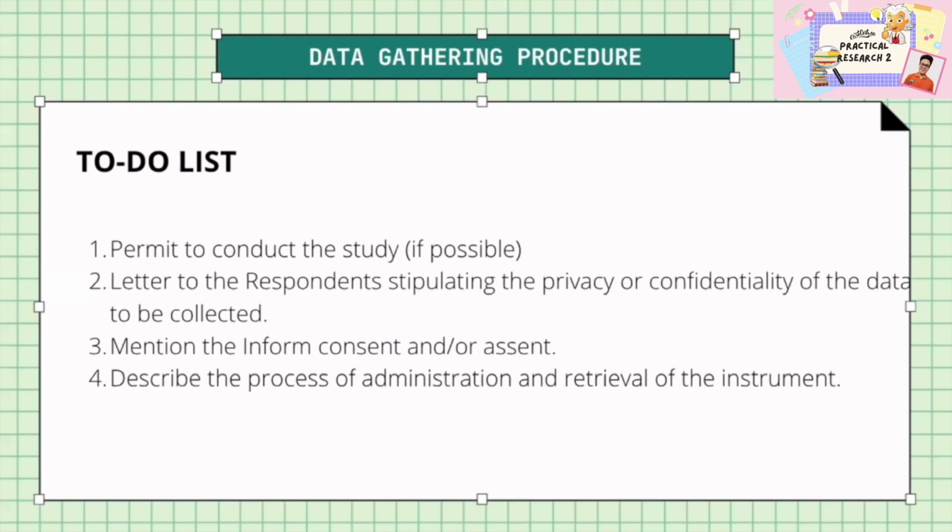Next, you should have a letter to the respondents stipulating the privacy or confidentiality of the data to be collected, and also informing them of what the research will be about. Next, mention the informed consent and or assent. When we say informed consent, for example, you have minor participants or respondents, so you have to ask for the consent of the parents.